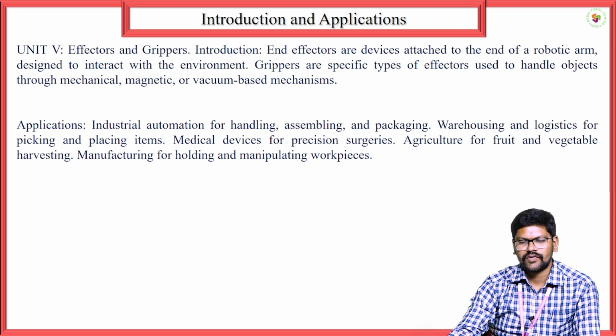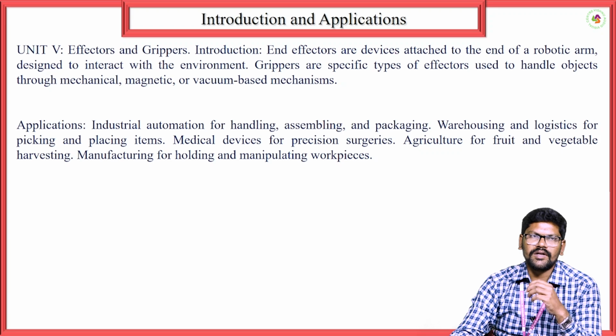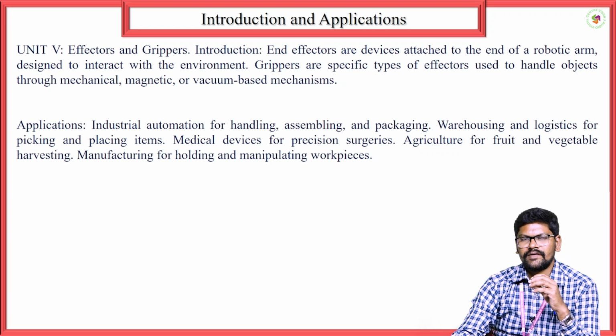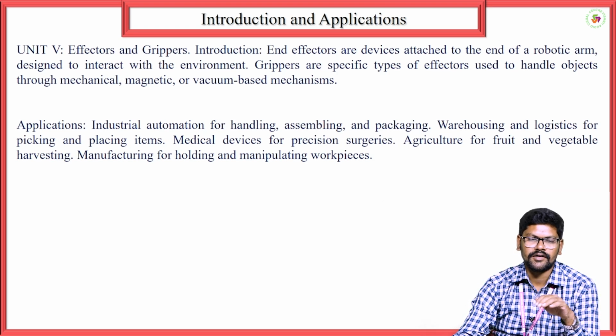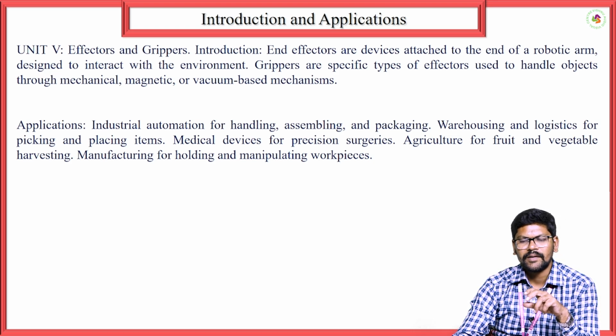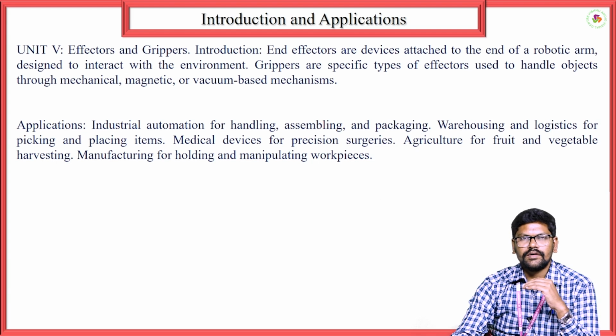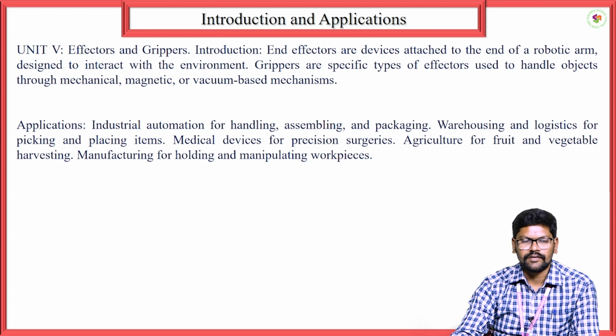Medical devices use them for precision surgeries, and agriculture for fruit and vegetable harvesting and planting saplings and seeds. In agriculture some grippers need to be soft in nature, while some need to be hard to handle ferrous and non-ferrous material. These grippers play a major role in picking and placing objects, and in manufacturing for holding and manipulating workpieces. So that's all five units.